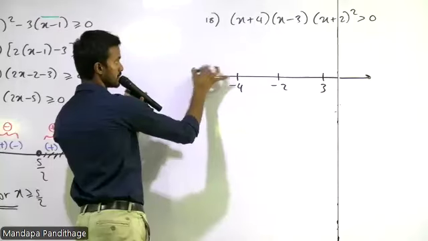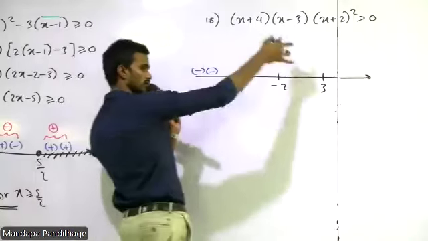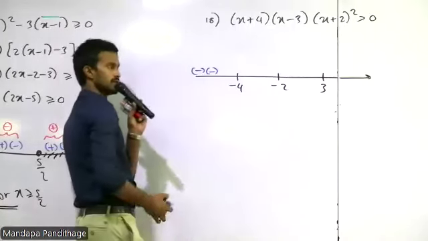Whatever region or value you substitute, this x plus 2 squared will be plus, and the x plus 1 will be plus. All are plus, so only the change is with the remaining one. If you put minus 3, this is plus, but this is minus. And if you put plus 1, this is plus, this is still minus.